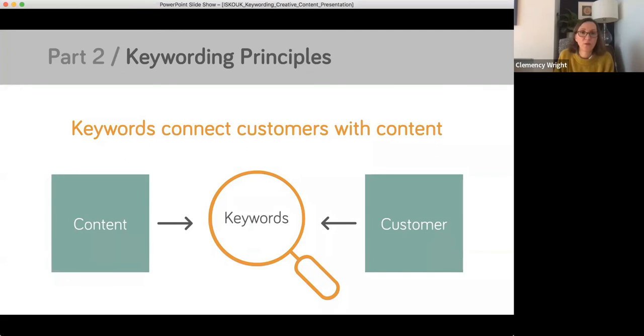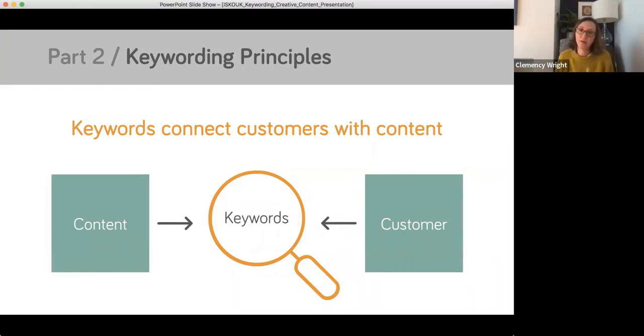So in terms of the process, the keywords sit in the middle, and I often say when I'm training organizations or people who need to keyword content, that they really connect your customers with your content. So you've got your content on one side of the curtain, and then you've got a customer or a user, to some extent using a database or a search engine, online, or some kind of repository, a DAM system, digital asset management.